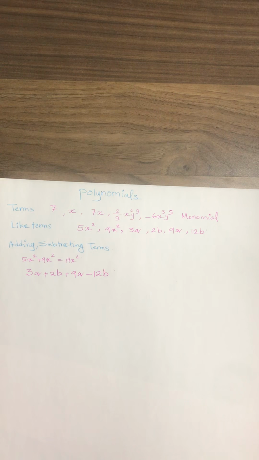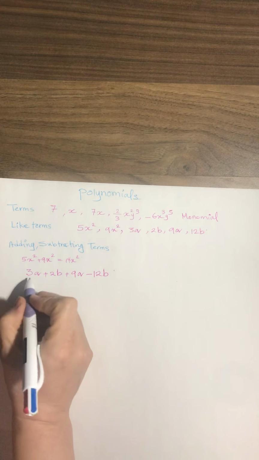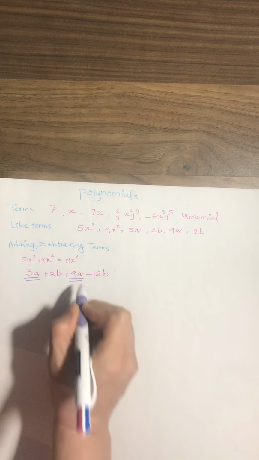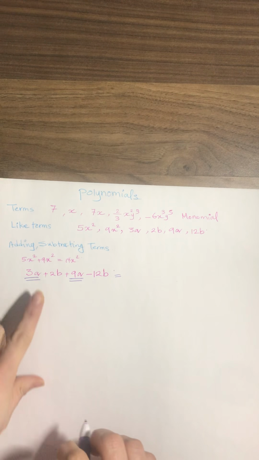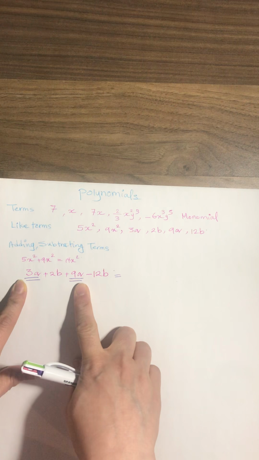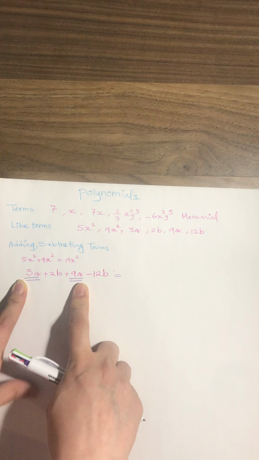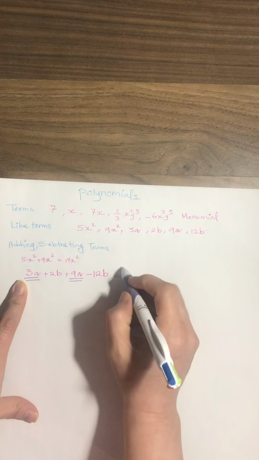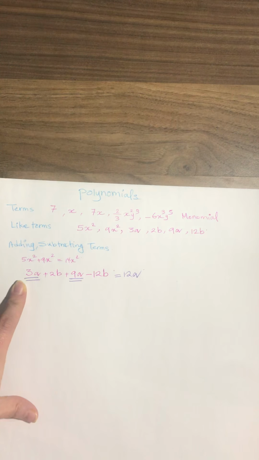I'm going to say that, you know what? 3a and 9a are like terms. It is like I have 3 apples and I want to add to them 9 apples. A can stand for apples, right? So what is 3a plus 9a? 12a, correct.